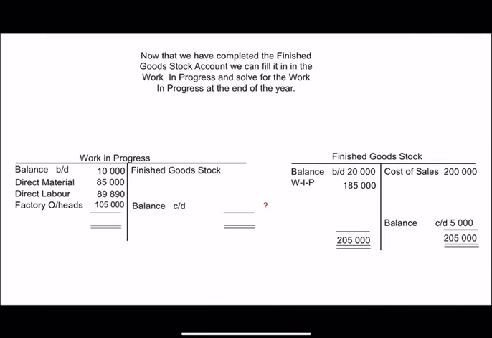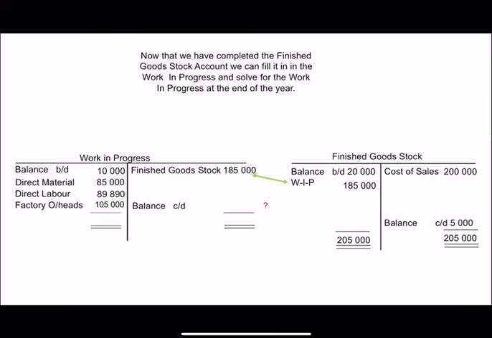Now that we have completed the finished goods stock account, we can fill it in the work in progress and solve for work in progress at the end of the year. So we have that finished goods stock account, 185,000, and we know that came from our work in progress account, so we go and fill it in. Okay. Now we only have to solve for that balance carried down, which is what the question asked us to figure out.